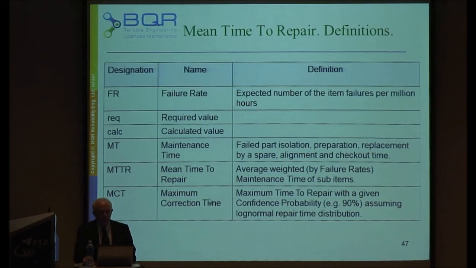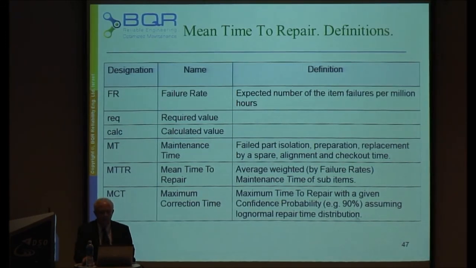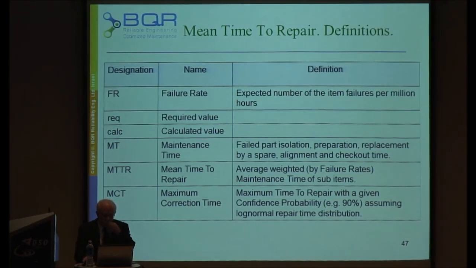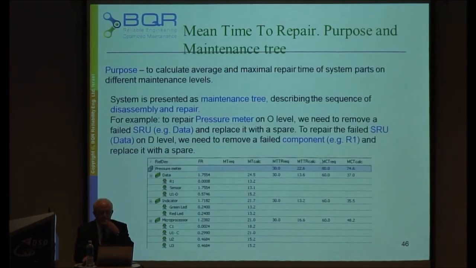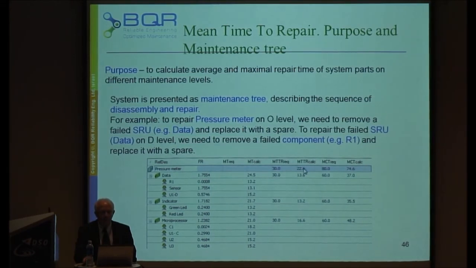So the entire time needed to restore the failure. The MCT, if you remember, is the maximum time to repair with a given confidence probability, for example 90%, assuming a log-normal repair time distribution. For example here, to repair the pressure meter, on average it took us 22 minutes, but the longest time can be 80 minutes.